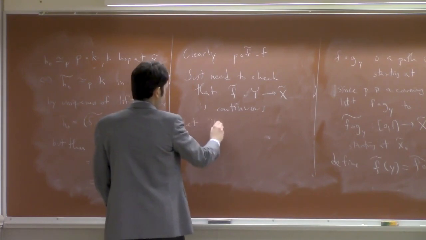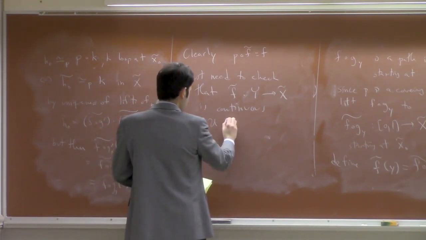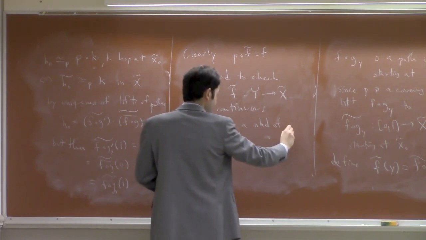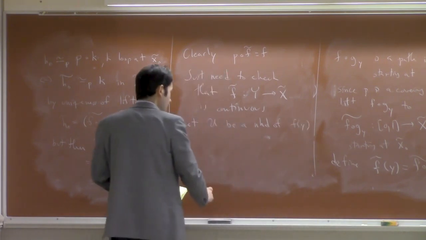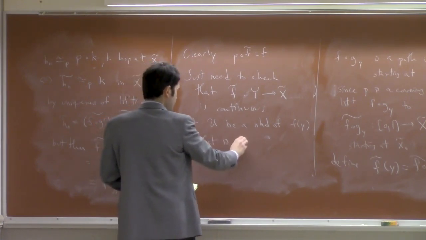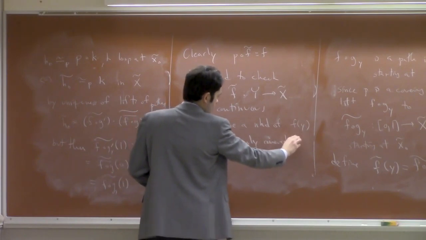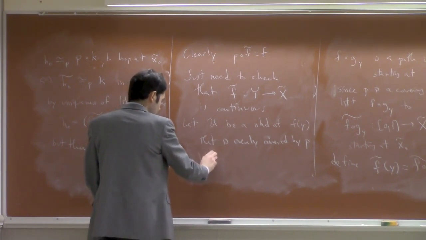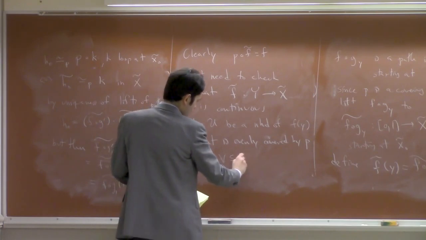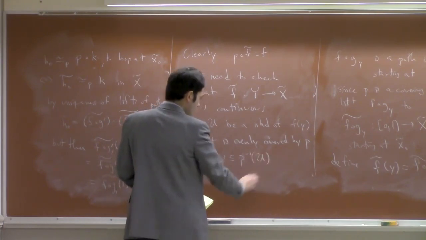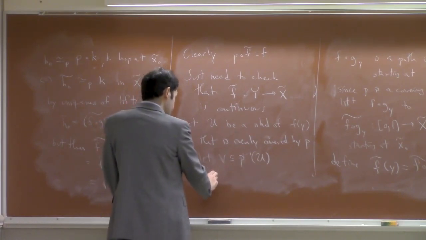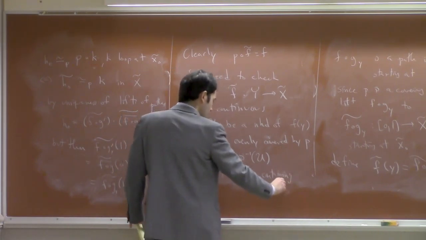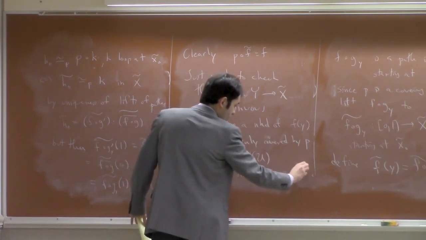Okay, so pick a neighborhood of the point f of y that is evenly covered by p, and let V be the slice above it containing f tilde of y.